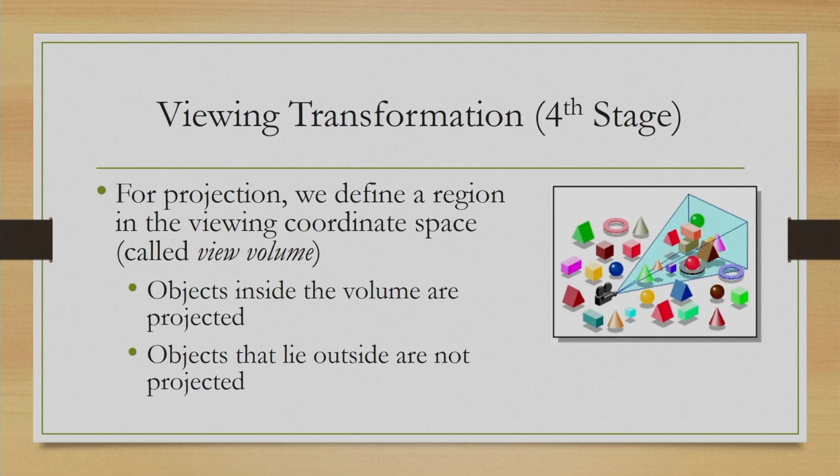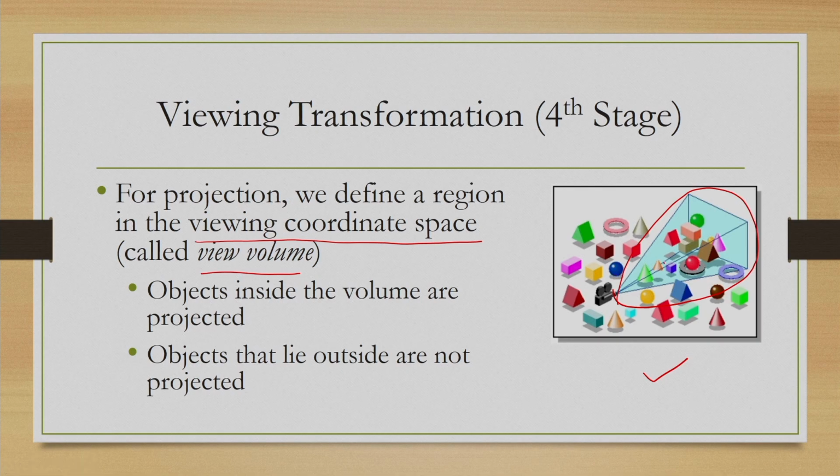For projection, we define a region in the viewing coordinate space, which is called the view volume. For example, in the figure shown here, as you can see, this frustum is defining a view volume.